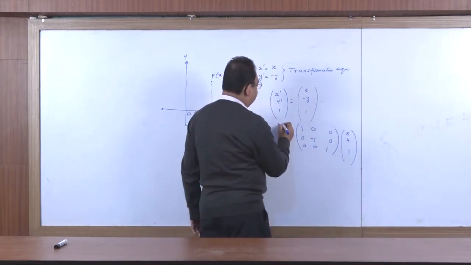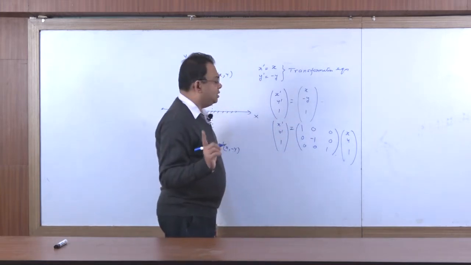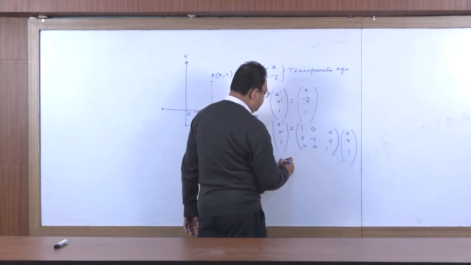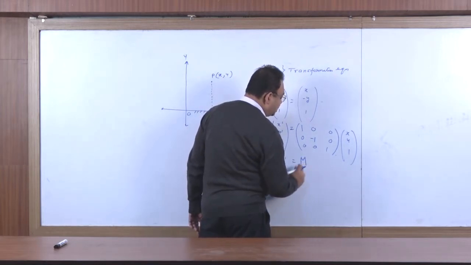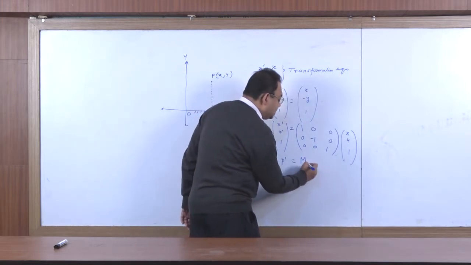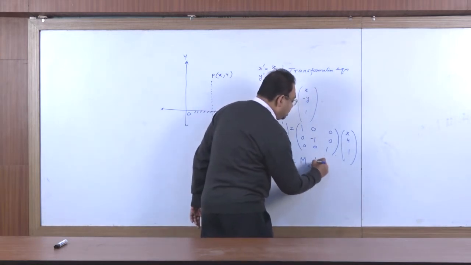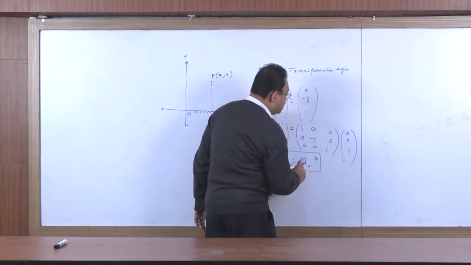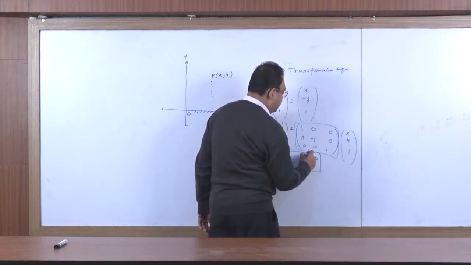So, this is your x dash y dash 1. So, in matrix equation form, this is P dash, this is the operator. Let us call this operator the mirror reflection operator M with respect to the x axis, Mx, and that is operated on the object point P, where Mx is given by this.